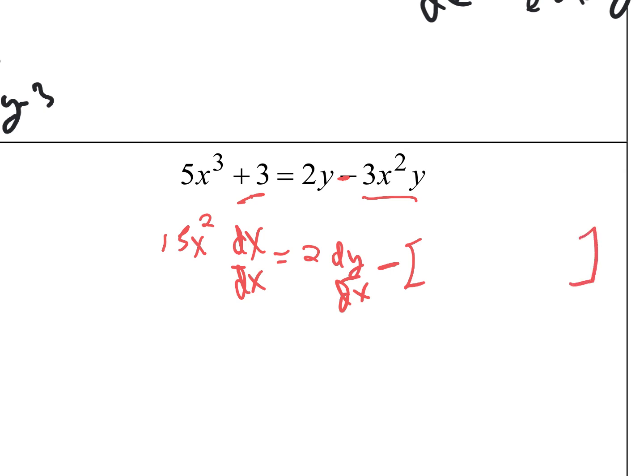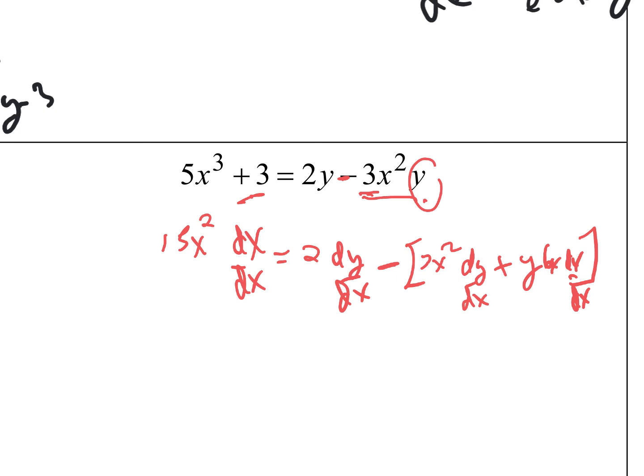Even in the old days, before we had two variables being differentiated, when there's a minus in front of that product, it's safer to pull it out. So now the first is 3x squared, and the second is a y. So the first is 3x squared times the derivative of the second, dy dx, plus the second, which was y, times the derivative of 3x squared, that's a 6x dx dx.